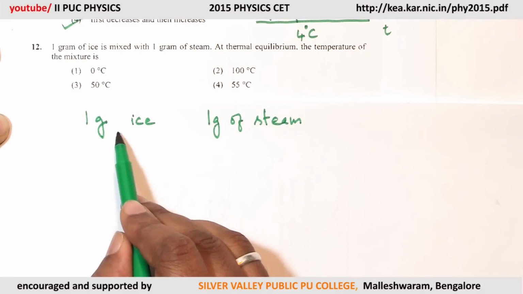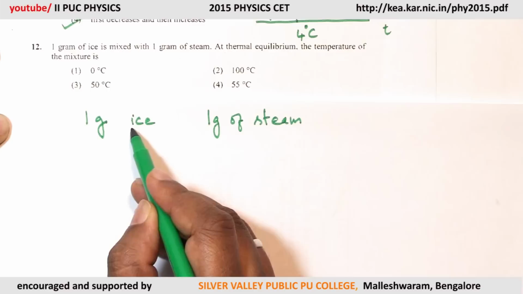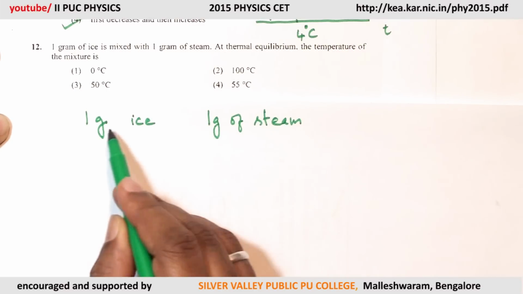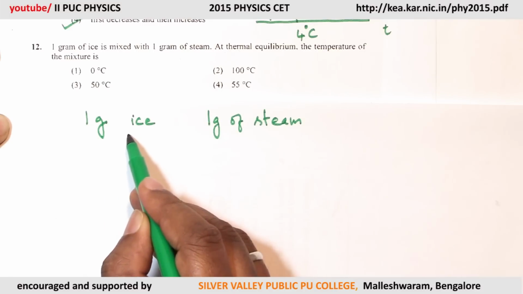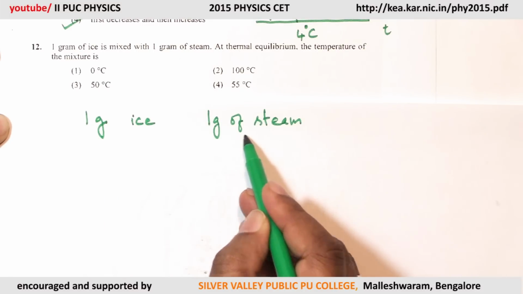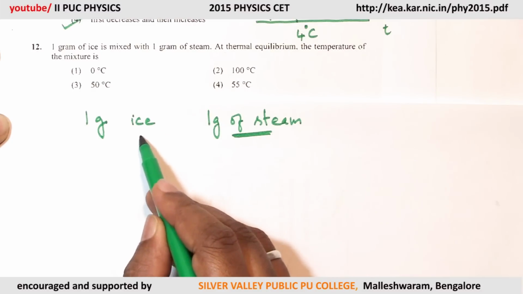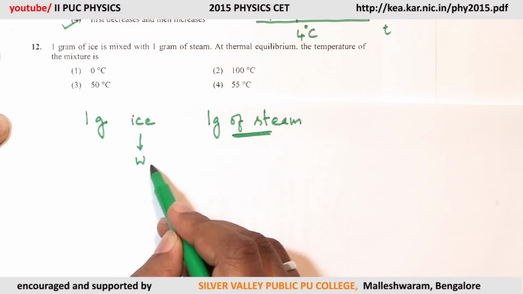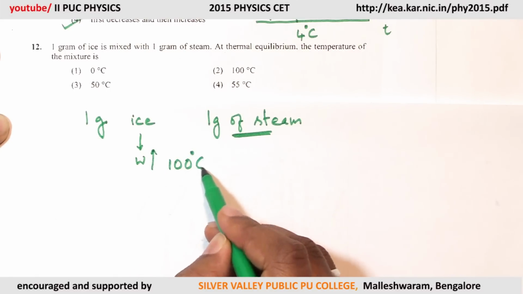Latent heat of steam is very much greater than latent heat of ice. If these two are mixed, then ice will melt and become water. Still the heat energy from the steam is sufficient to heat the water. So ice becomes water, water can be heated, and water starts boiling at 100 degrees Celsius.